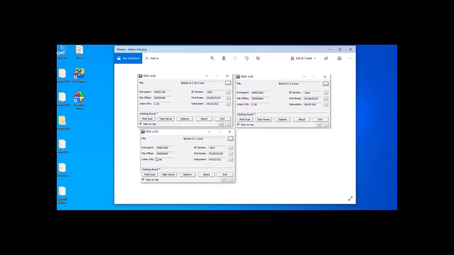And I was trying to compare the three versions of Bitcoin that I have: the first and third release of Bitcoin, and the Bitcoin released by Gavin Anderson, which was missing, Bitcoin 3.2.0. And as you can see on the screen, the linker info says 2.0.